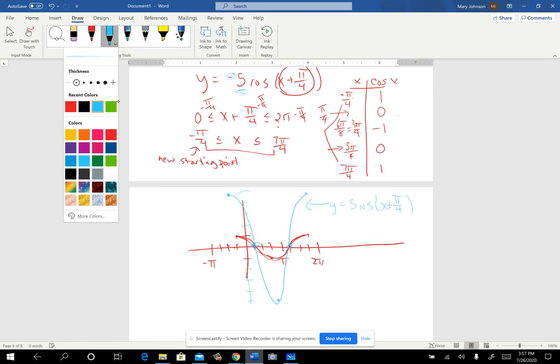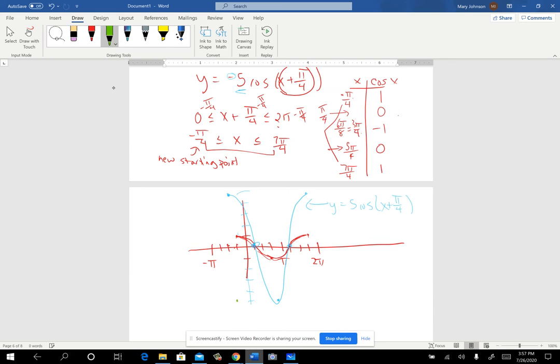Then if I wanted it to be negative 5, that's going to take all of those and flip them to the other side. So that would be there. This would still be at 0. This would now be up here at 5, still at 0, and then down here at negative 5. So it would have that same look, but be flipped over.